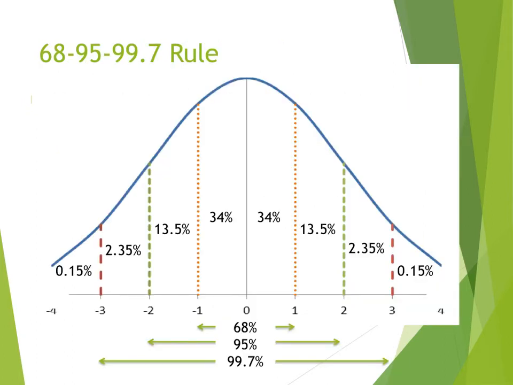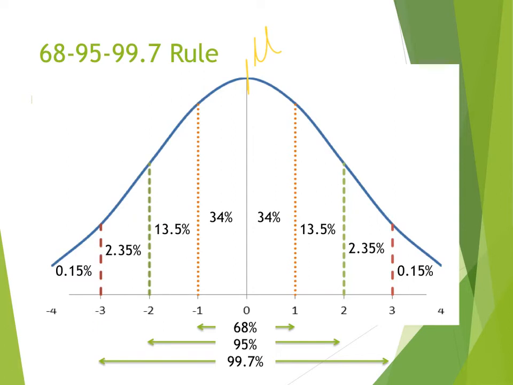So there is a rule when we work in statistics, when we're working with normal distributions, and it is the empirical rule, and you may also see it as the 68, 95, 99.7 rule. What this is saying is that 68% of our data falls within one standard deviation of the mean. Now remember, we said that this highest point is the mean, or mu.